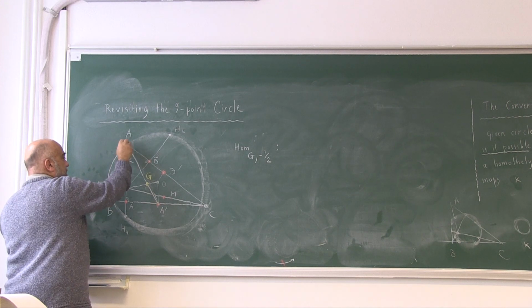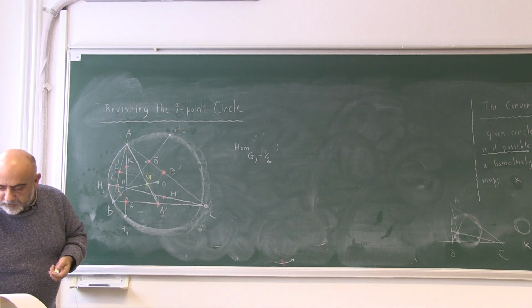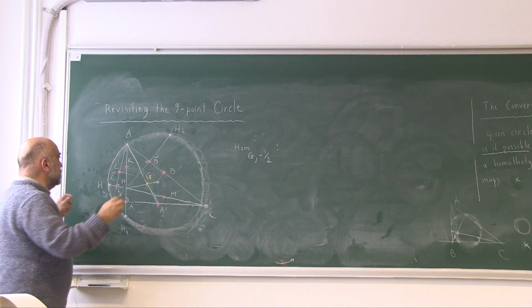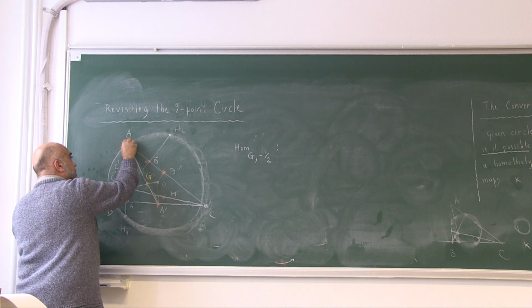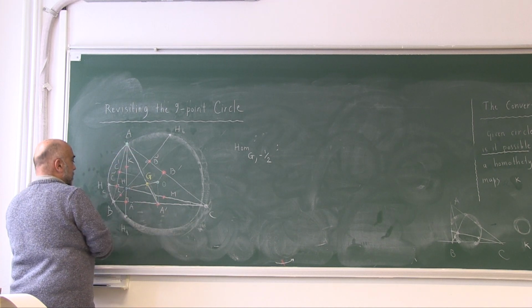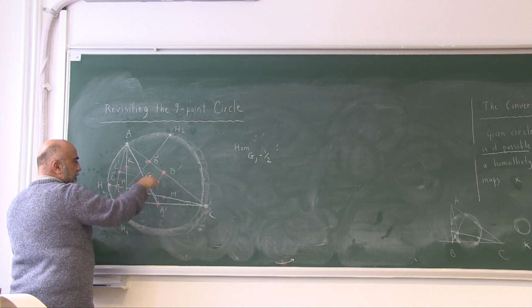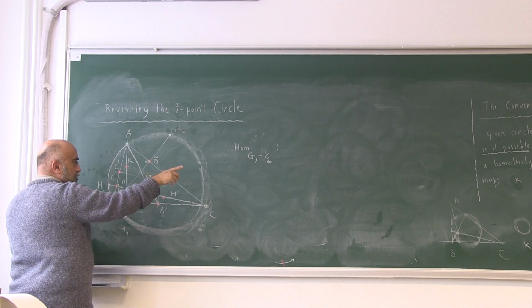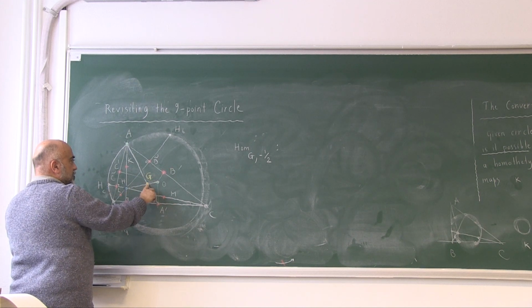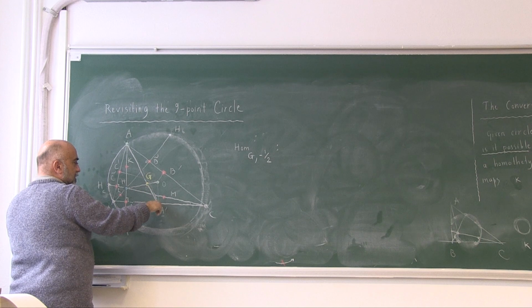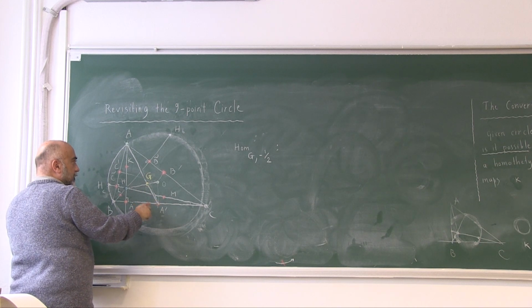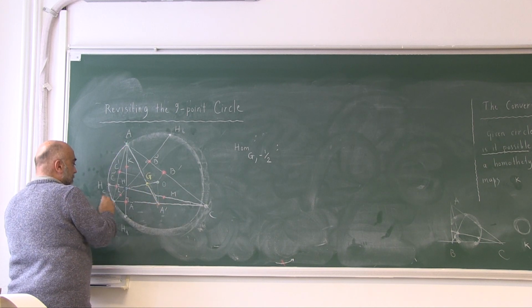The point A, so let me indicate those points in green. So A is mapped into A prime under this homothety. The homothety has center G and ratio of similitude -1/2. So GA is twice GA prime, but in opposite direction. So A is mapped into A prime.